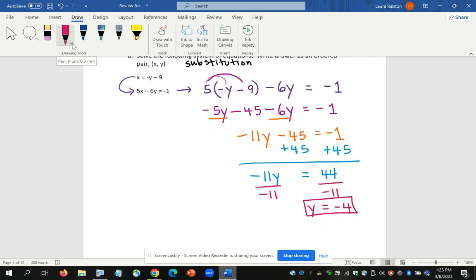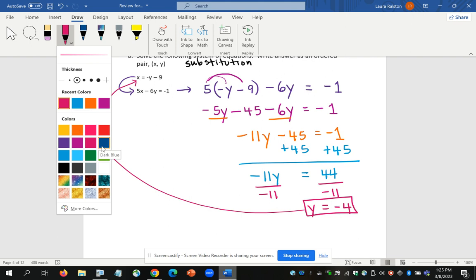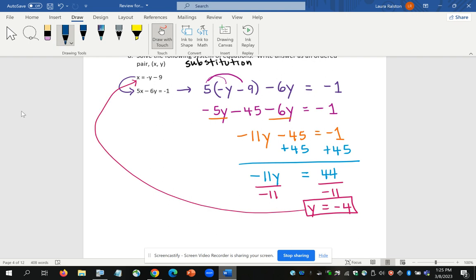I'm then going to take that value that we just found and substitute it back into the first equation so that I would have x equals the negative of negative 4, minus 9.